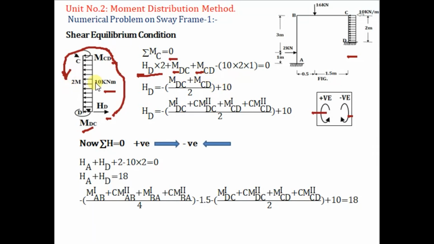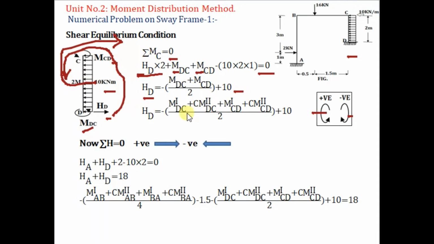Now there is a 10 kilonewton force which is acting at the center and rotating in clockwise direction about point C. So minus 10 into 2 into 1 is equal to 0. So we have HD is equal to minus in bracket MDC plus MCD divided by 2 plus 10.